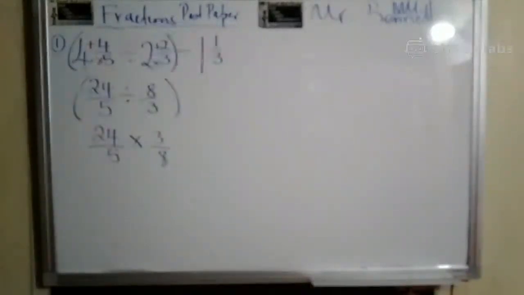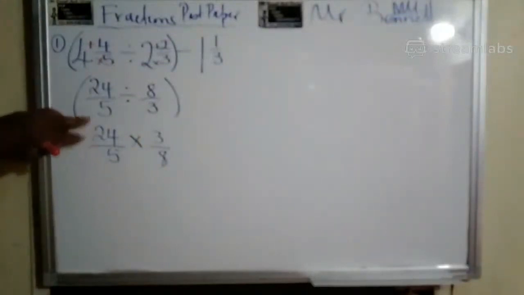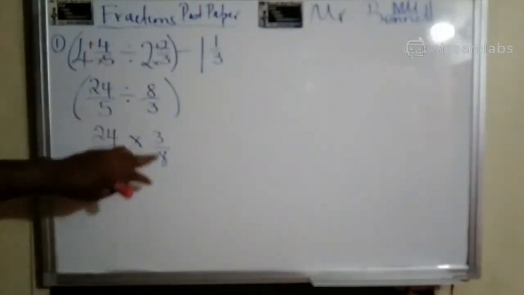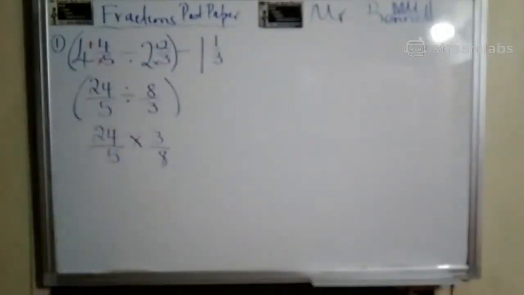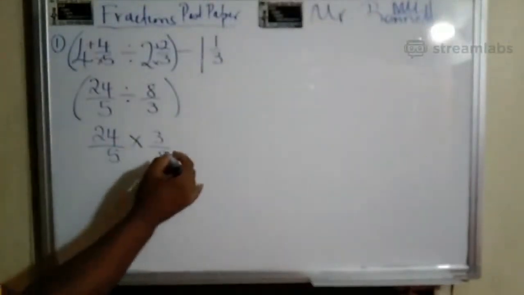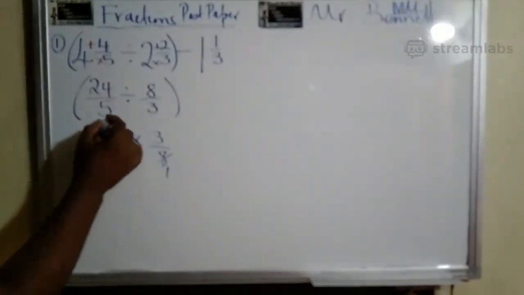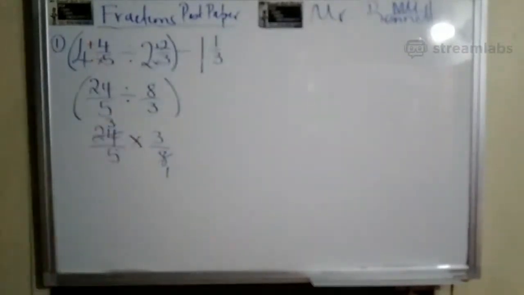Alright, so now when we are multiplying, we can find a number that can go into both the denominator and numerator. It must be a number that is divisible by both of them, right? So we can say that 8 into itself goes 1 time. 8 into 24 goes 3 times.